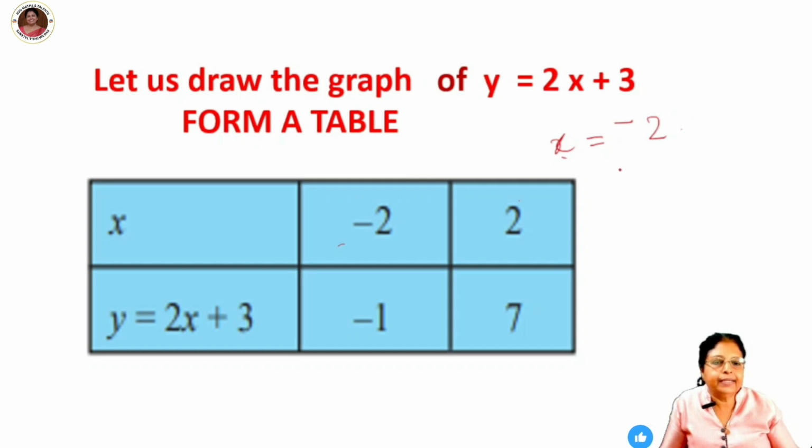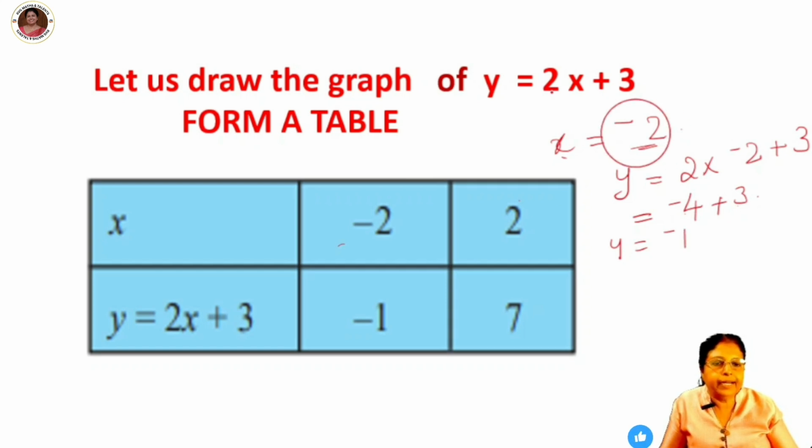Then we are getting y equal to 2 times minus 2 plus 3, that is minus 4 plus 3, which is minus 1. So when x equal to minus 2, we are getting y equal to minus 1.